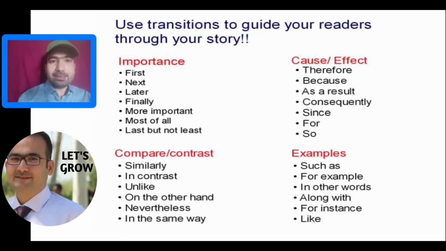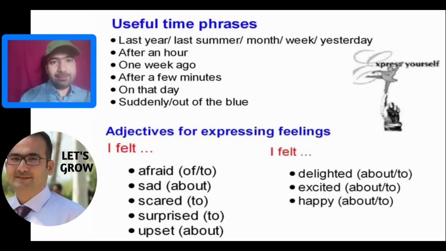Compare and contrast transitions: similarly, in contrast, unlike, on the other hand, nevertheless, in the same way. Example transitions: such as, for example, in other words, along with, for instance, like. So use these transitional words to make the flow of your narrative very smooth and connected. That is what makes your essay well organized and interconnected.